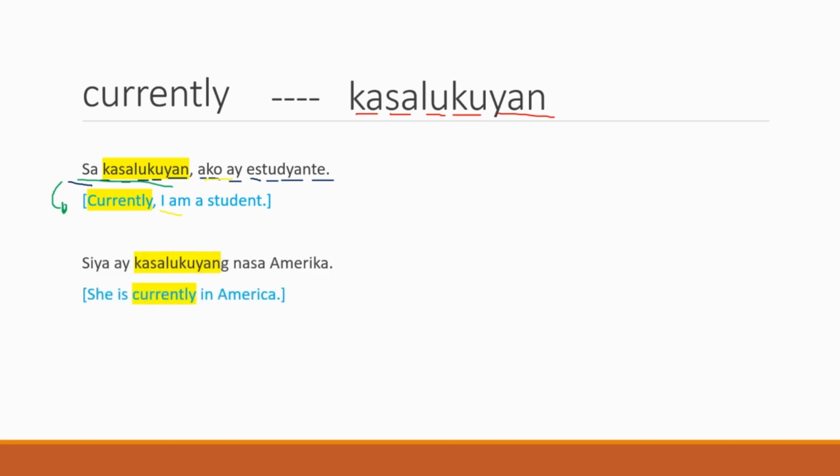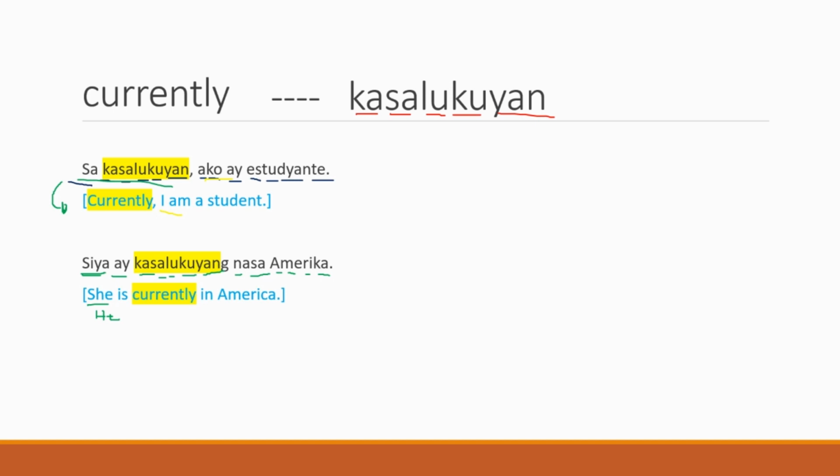Another example is siya ay kasalukuyang nasa Amerika. Siya could be she or he, but in this sentence, we use she.